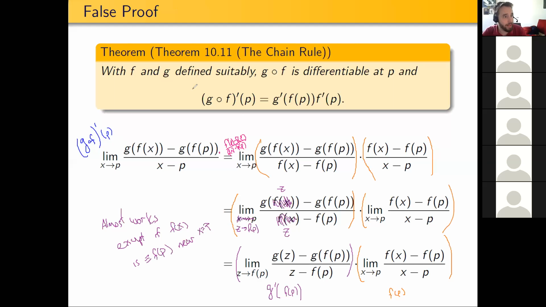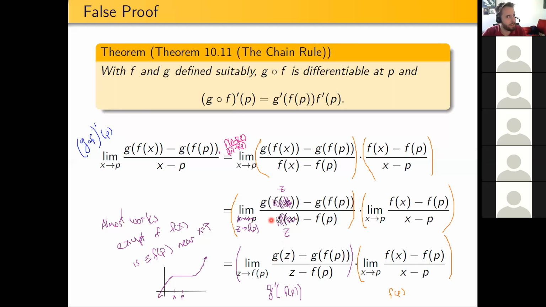The trouble is going to come from the possibility that our function f looks something like this. Maybe this is my function f, maybe this is the point p. If my function f becomes really flat for a while and then keeps going, if nearby x values, like say this one, have f of x equal to f of p, then this move isn't valid.